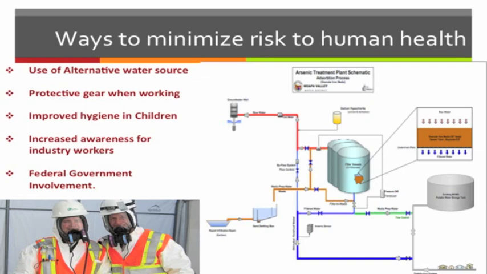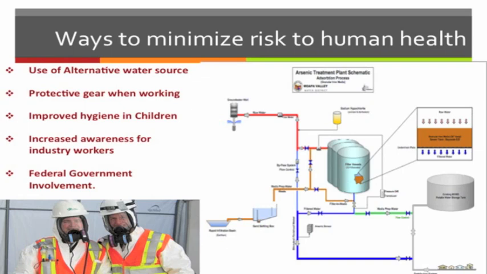Gear includes dust masks, gloves, and protective clothing when using arsenic-treated wood. Hand washing should be encouraged to reduce the potential exposure of children to arsenic in the soil, and also discouraging hand-to-mouth activities and children playing in soils contaminated with arsenic.